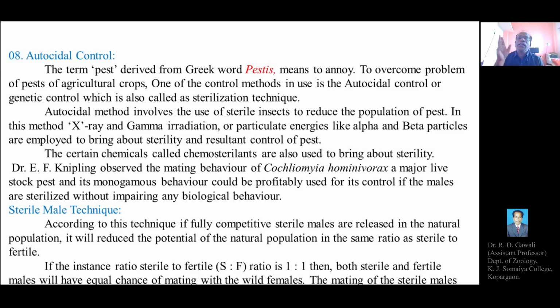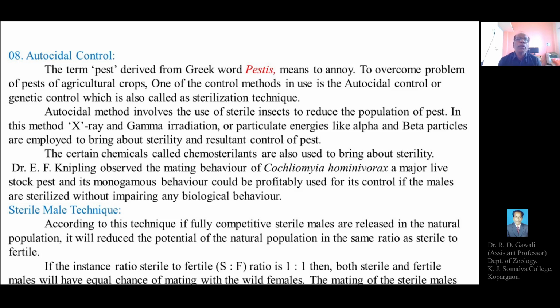So the organisms, insects or non-insects, vertebrates or invertebrates, which cause annoyance or are harmful to a variety of crops, are pests. Pests are the organisms which are destructive or harmful and cause damage or loss of agricultural crops.